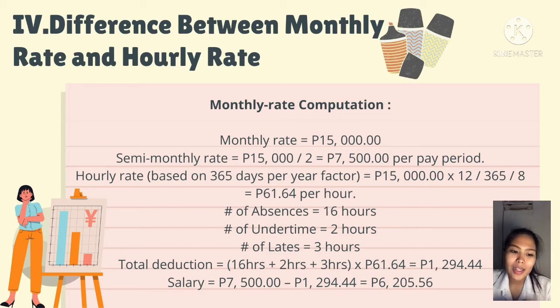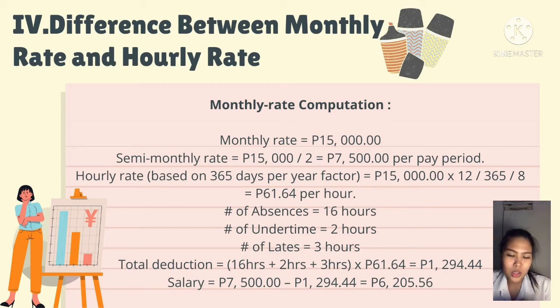After you get 493.15, divide it by 8, because 8 is your working hours. So, what comes out is 61.64 pesos per hour. And if you have 16 hours of absences, 2 hours of undertime, and 3 hours of late, your total deduction is 21 hours. So, you multiply that 21 by 61.64 pesos.